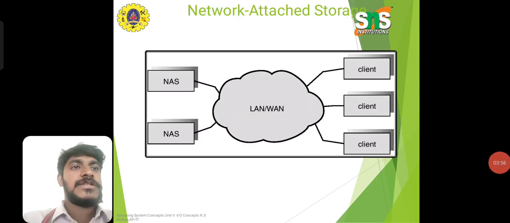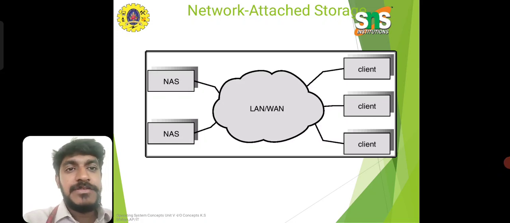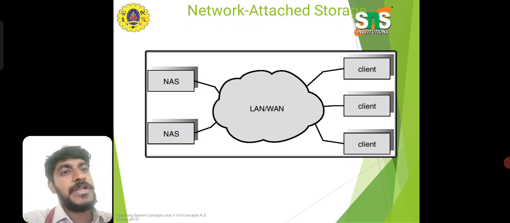Then network attached storage. In this picture we can see the LAN or WAN connected with the NAS and different clients. The NAS, network attached storage, is connected over a local area network or wide area network.